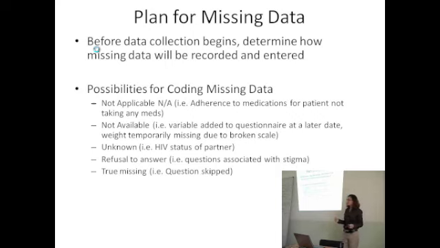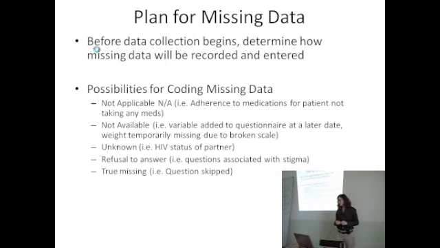So it's a good idea to think about whether or not you need an unknown when you're designing data collection forms. You may also want to have unknown and not available. You could have multiple reasons for missing data, and you could have multiple reasons for one concept.